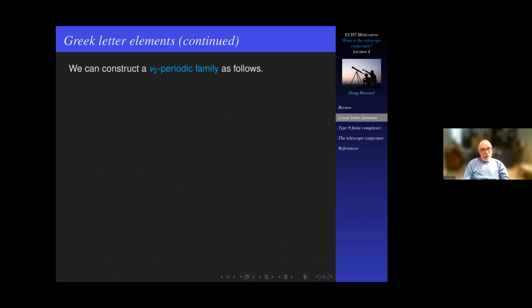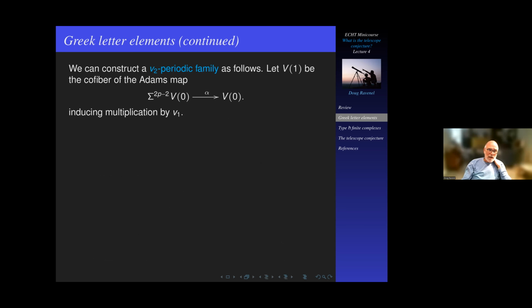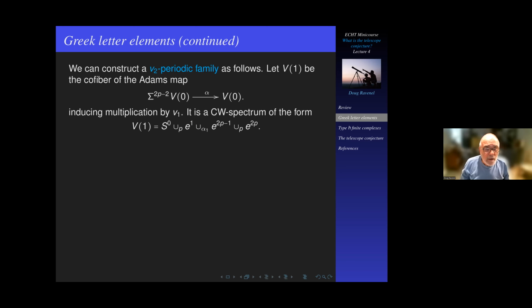Now, that's just the beginning. We can construct a V2 periodic family in the following way. Let's say that V1 is the cofiber of the Adams map that I talked about just now. The Adams map was a map from the 2P minus 2 suspension of the mod P Moore spectrum into the mod P Moore spectrum, and it induces multiplication by little v1 in BP homology. So big V of 1 denotes the cofiber of that map.